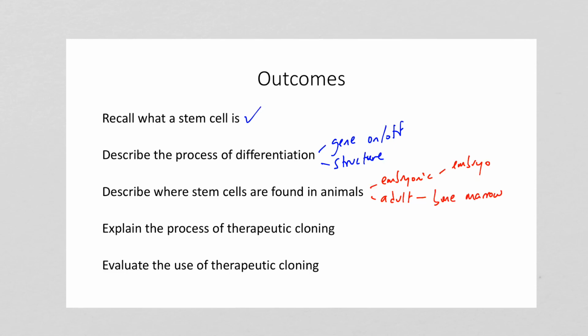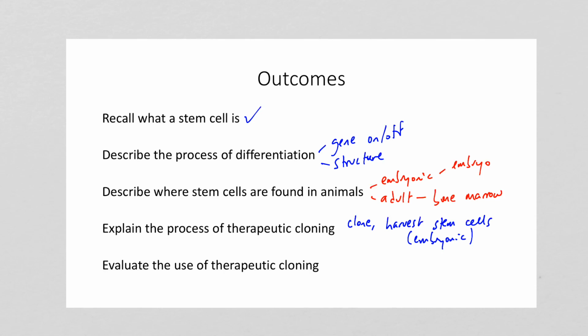Explain the process of therapeutic cloning. In therapeutic cloning, you're going to make a clone of the patient, and then you're going to harvest or extract the stem cells, which are embryonic. We talked about the advantages of that, particularly when it comes to organ transplants: not having to wait for an organ, not having to worry about organ rejection. And we talked about problems with that.